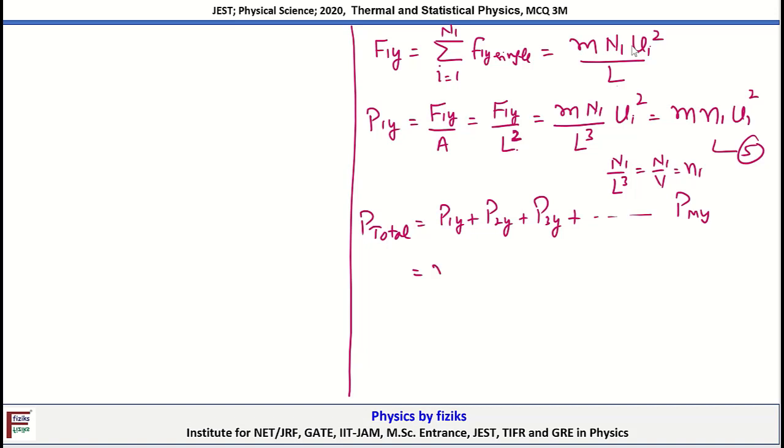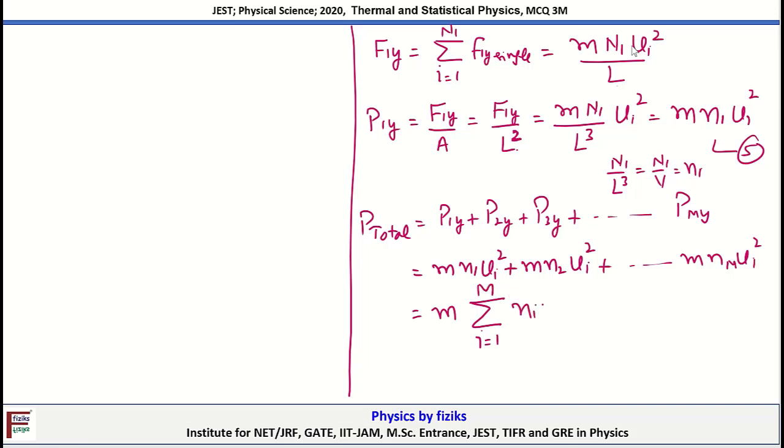So this is equal to m n1 Vi square plus m n2 Vi square, because the y component is the same for all the gas molecules, plus so on up to m nm Vi square. Taking m outside, this is m times the summation i from 1 to m of ni Vi square. That's the expression for the pressure exerted by all the gas molecules on the face ABCD.